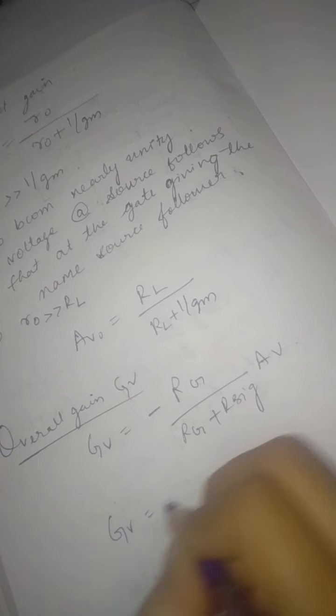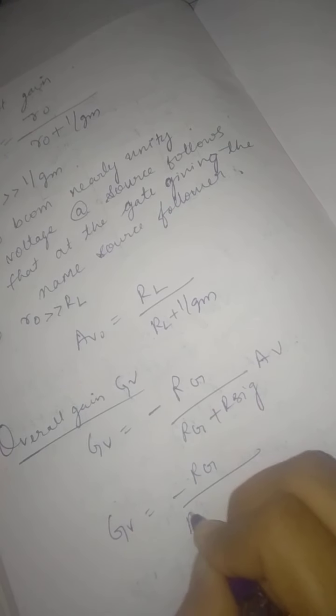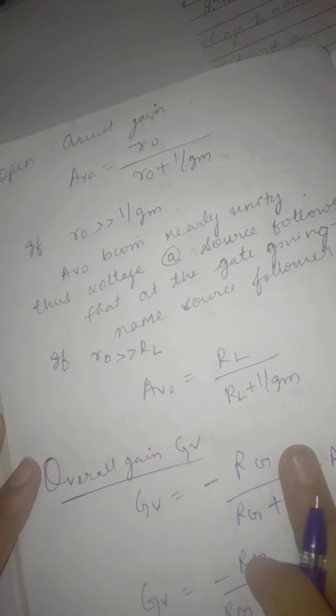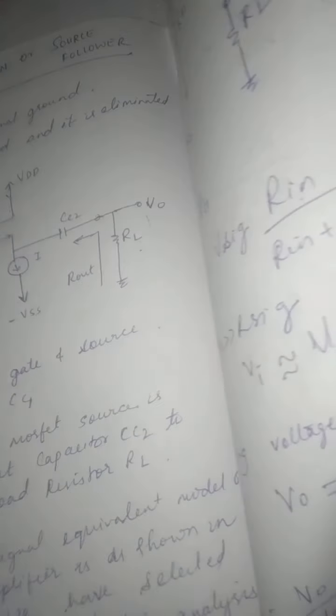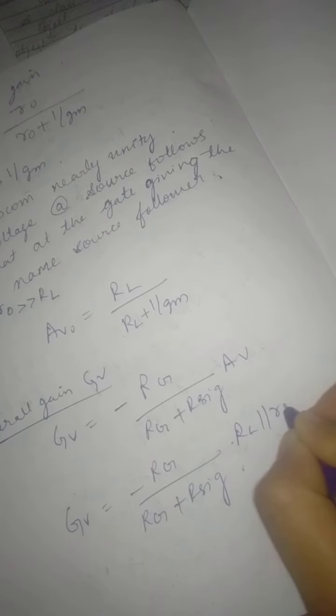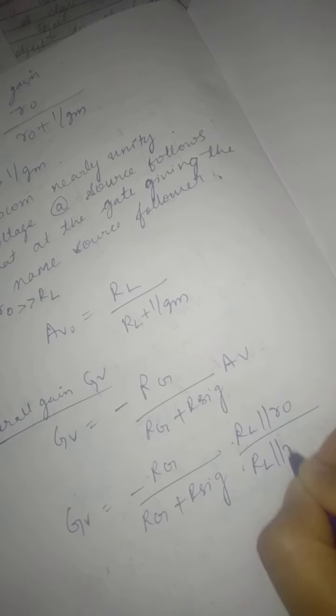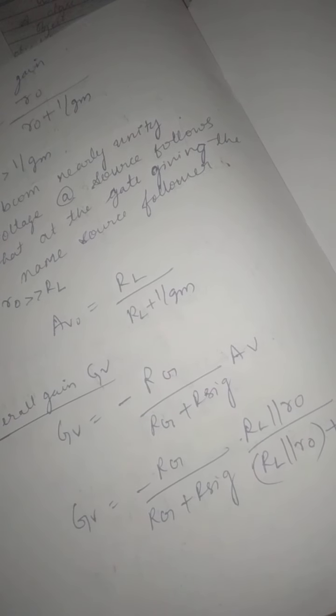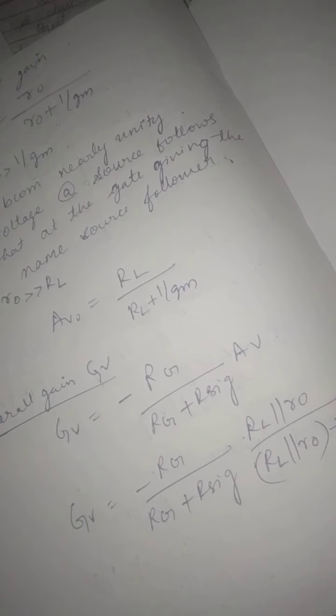Okay, so now what is AV? AV is nothing but RL parallel to R0. This part I will be writing. So overall gain will be RL parallel to R0 by RL parallel to R0 plus 1 by GM. So this is what I will be getting. So this is about the overall gain.